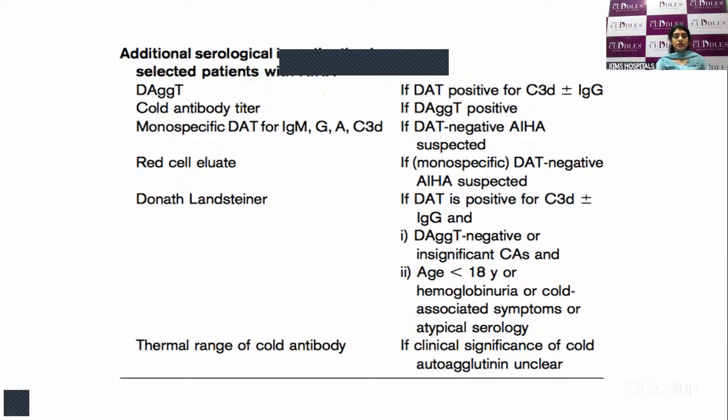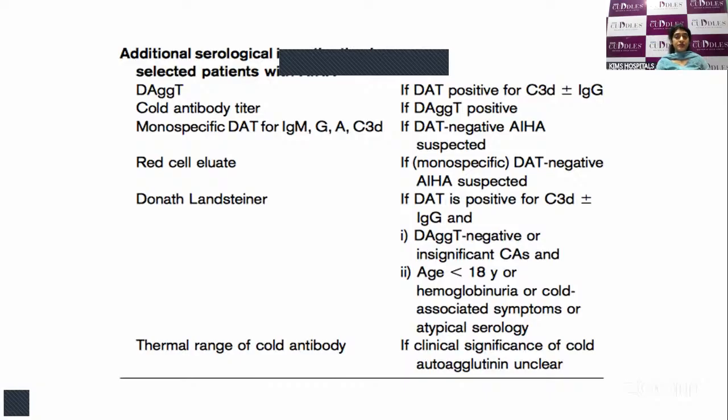Additional serological investigations in selected patients with AIHA: if the direct agglutinin test is positive for C3d with or without IgG, and the direct antiglobulin test is positive, then you have to think of cold antibody titer. If that is negative and AIHA is still suspected, then you look for monospecific DAT for IgM, IgG, IgA, C3d.